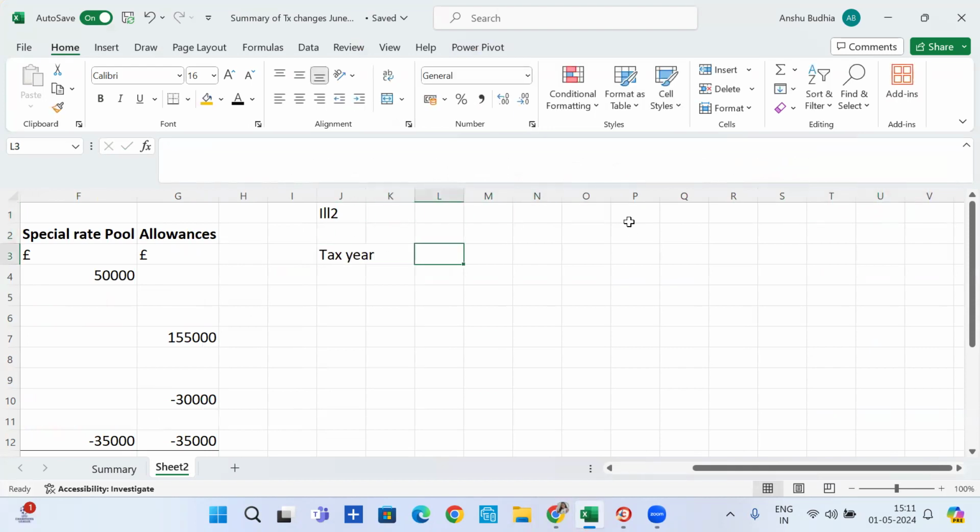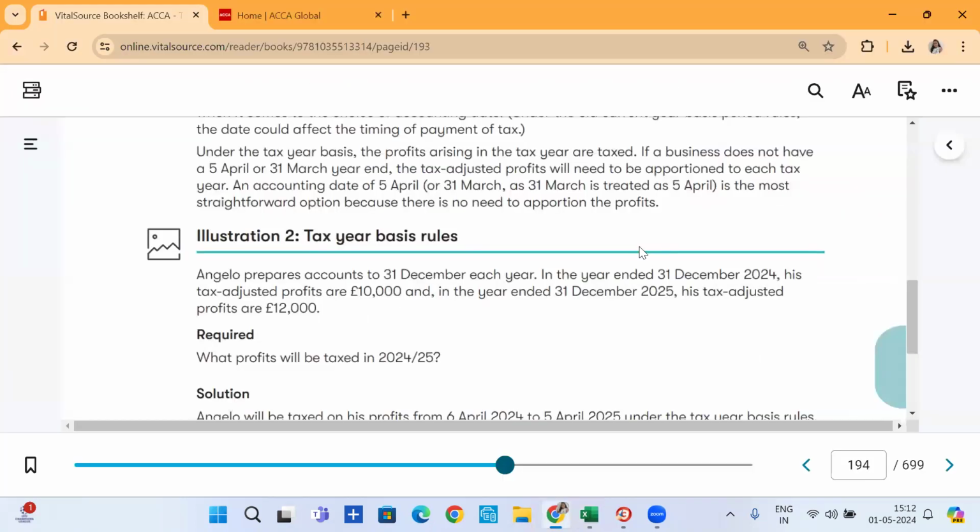so the tax year will start on 6 April 2024 to 5th April 2025. And you know that we always take it in the round of months. Okay, so now if I break it, because if you see here, the first year is ending on 31st December 24, and after that, the new year is starting.